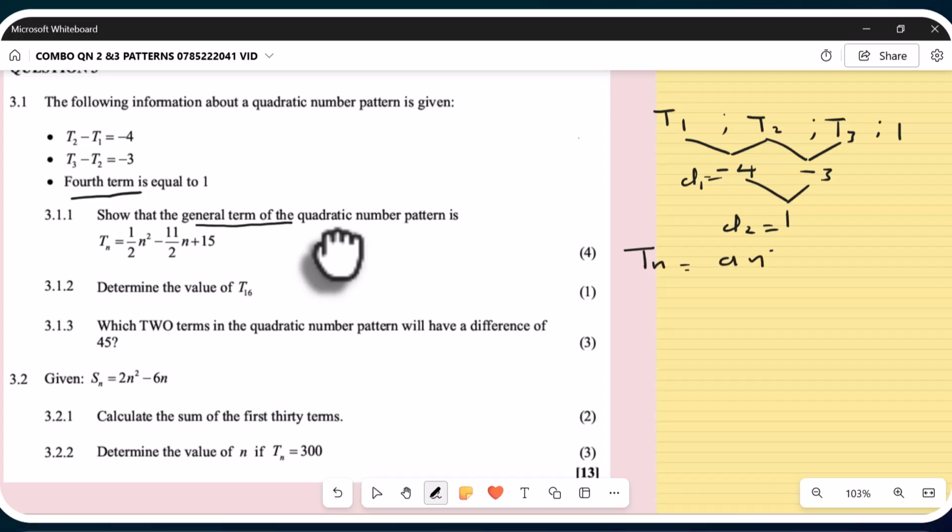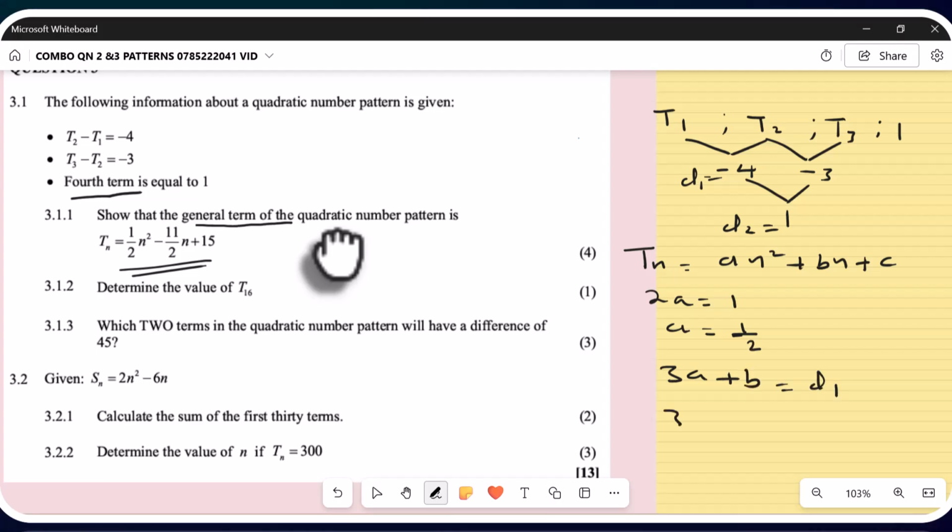We know that 2a equals D2, which in this case is 1, so a equals 1 over 2. After getting a, to get b we use 3a plus b equals D1. Our a is 1 over 2, so 3 over 2 plus b equals negative 4.